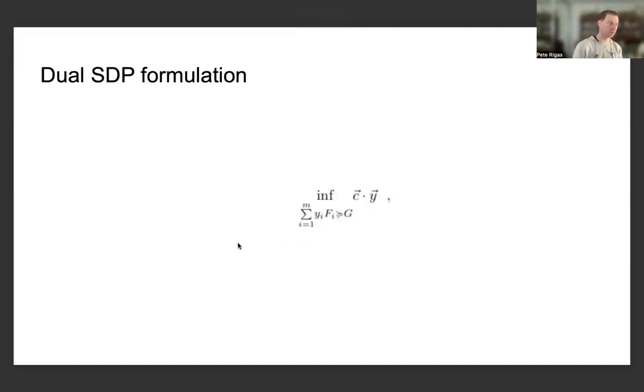And it shouldn't come as a surprise why a lot of people like to make use of semi-definite programs, and why they've been of such broad use and applicability through several information processing tasks within quantum information theory: we can formulate a dual program, namely a dual SDP formulation.